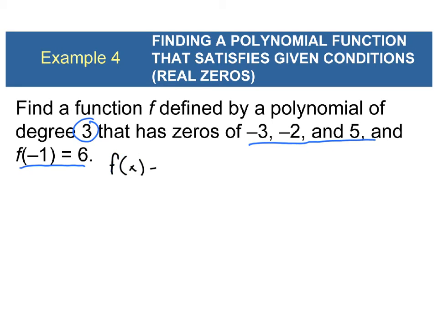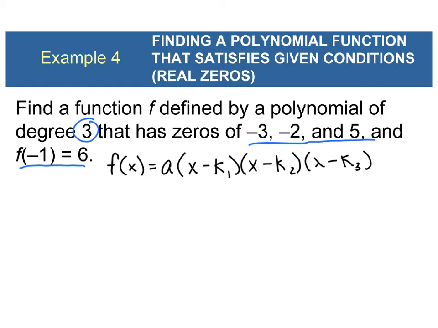So f of x is going to equal a times x minus k1, k2, and in this case, we're going to stop at k3, because we are given 3 zeros and the degree is 3, so there's no more than 3 zeros.